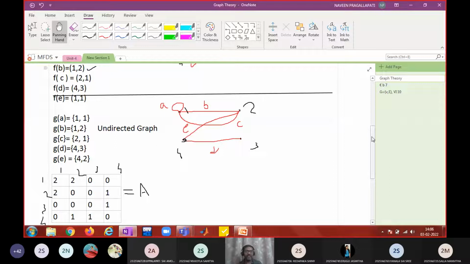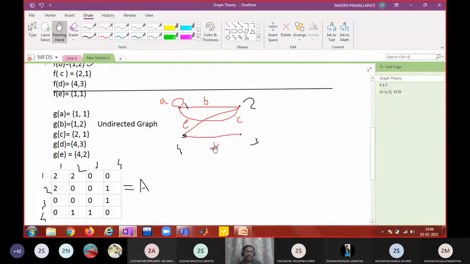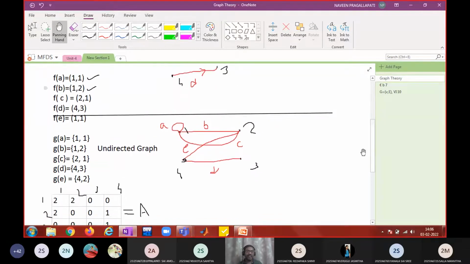In this case, edge D is incident with 3 and with 4, or you can say 4 is incident with D, and vertex 3 is also incident with D.